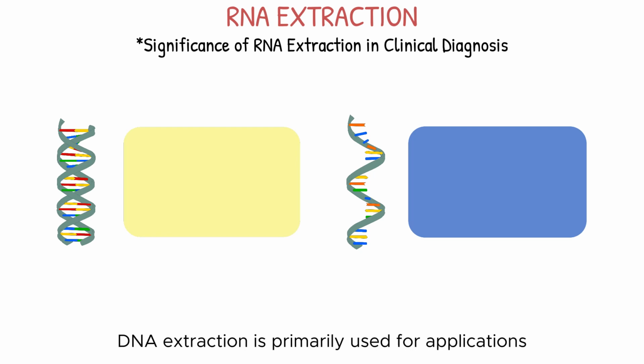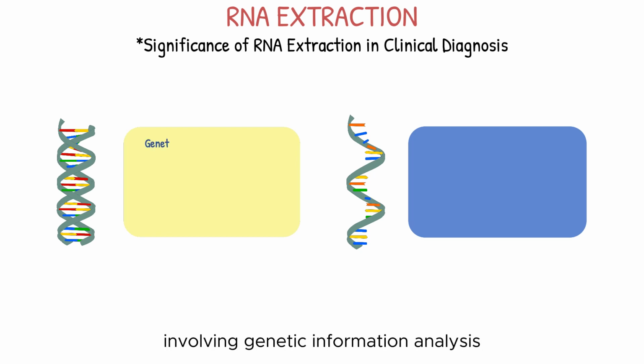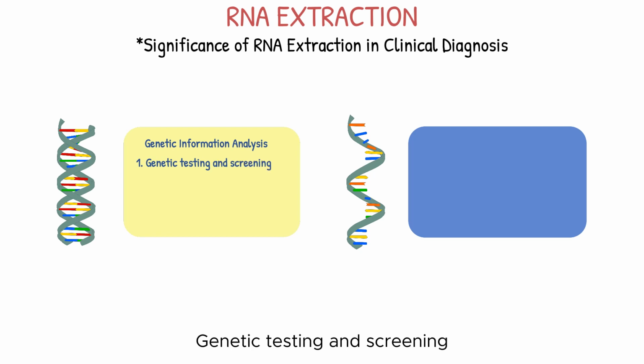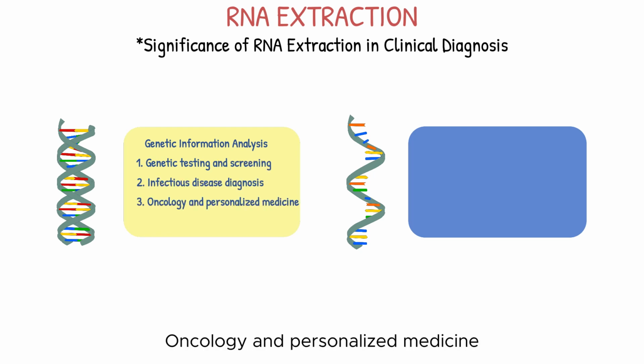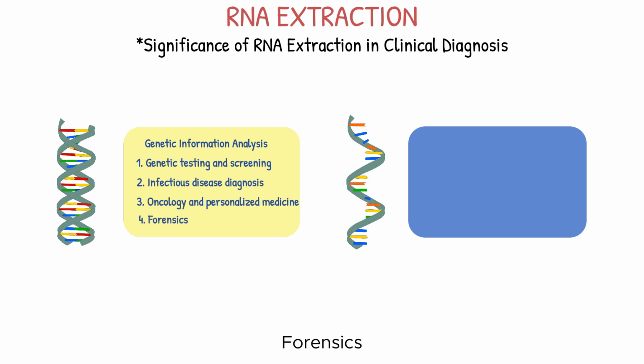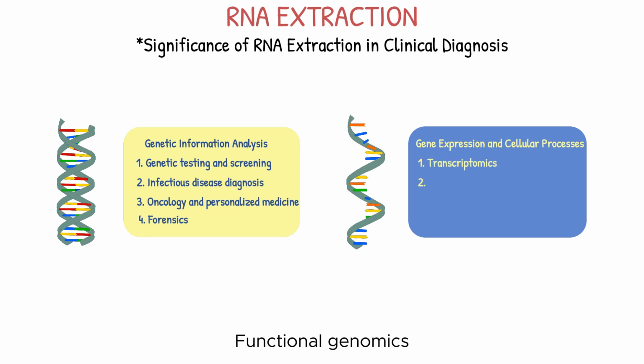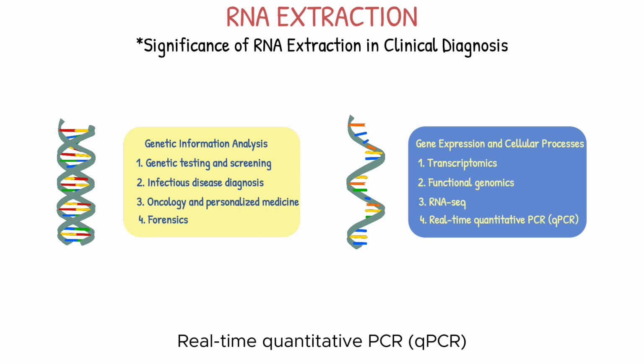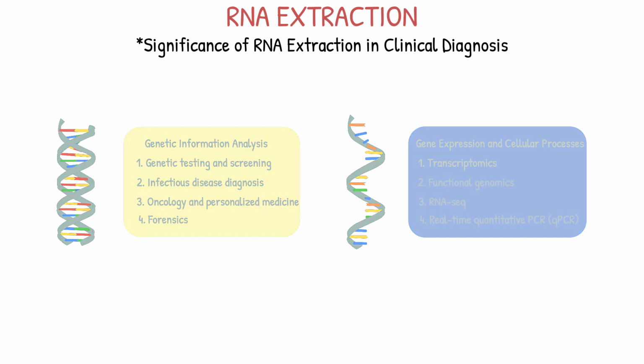DNA extraction is primarily used for applications involving genetic information analysis, such as genetic testing and screening, infectious disease diagnosis, oncology and personalized medicine, and forensics. RNA extraction, conversely, is mainly used for applications focusing on gene expression and cellular processes, such as transcriptomics, functional genomics, RNA-seq, real-time quantitative PCR, or qPCR.